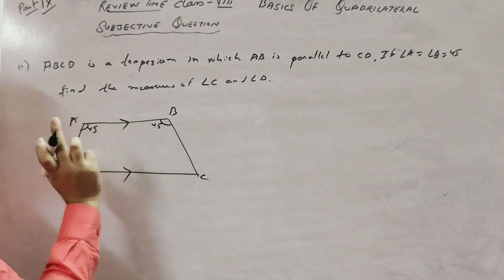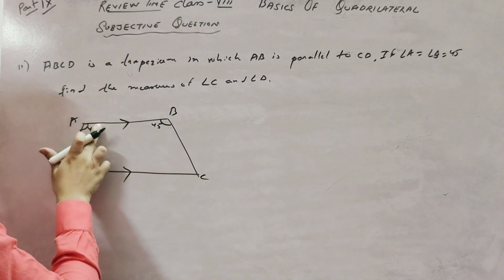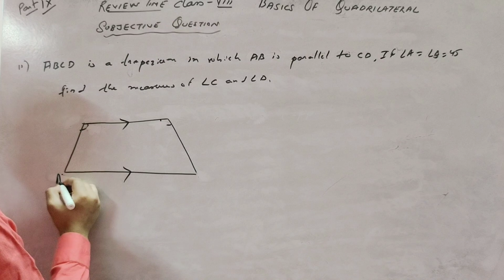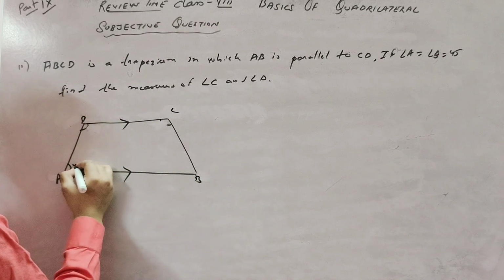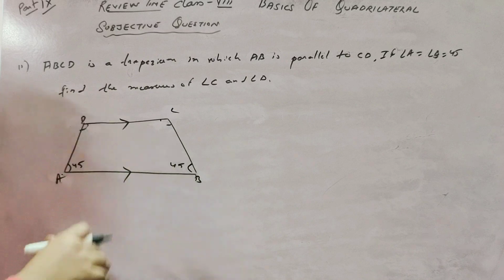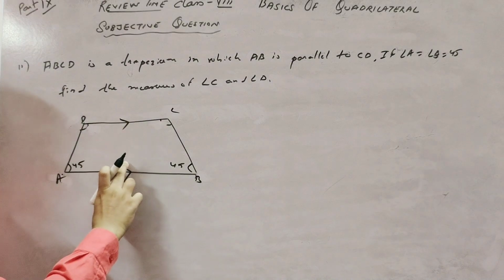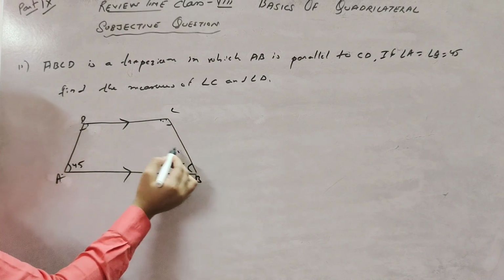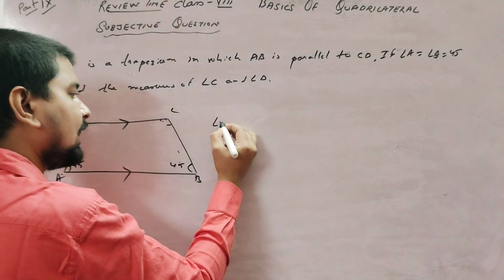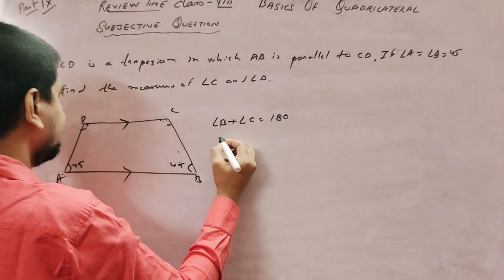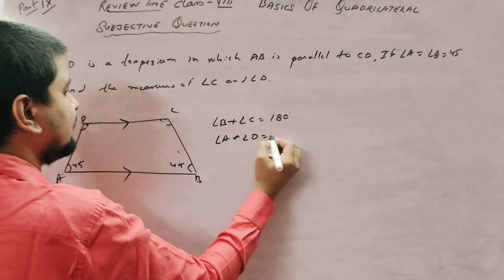That means this is an isosceles trapezium, because two sides are equal. Find the measure of angles C and D. This is the parallel sign given. We know that co-interior angles are supplementary, so angle B plus angle C equals 180 degrees, and angle A plus angle D equals 180 degrees.